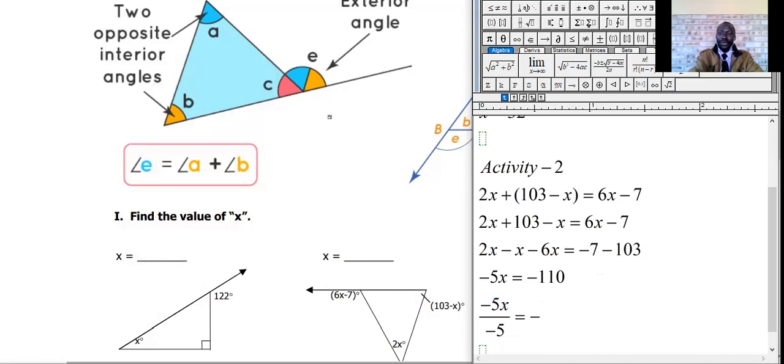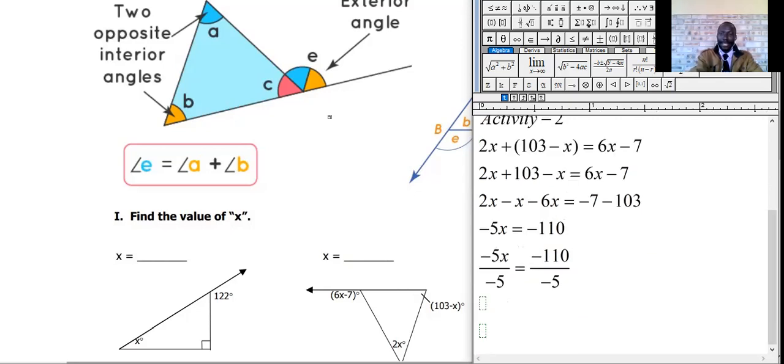Now, because we have divided the left-hand side by negative 5, we also do the same onto the right-hand side. That means we also have to divide the quantity on the right-hand side by negative 5. When we do that, what we will find is the value of x in degrees.